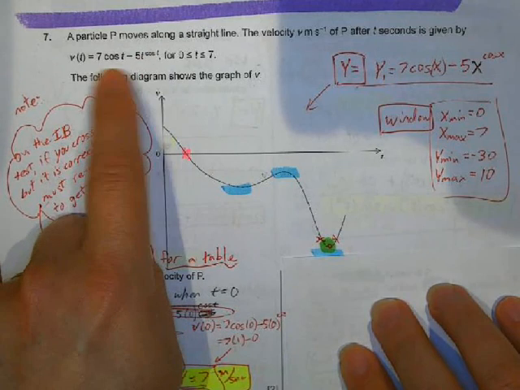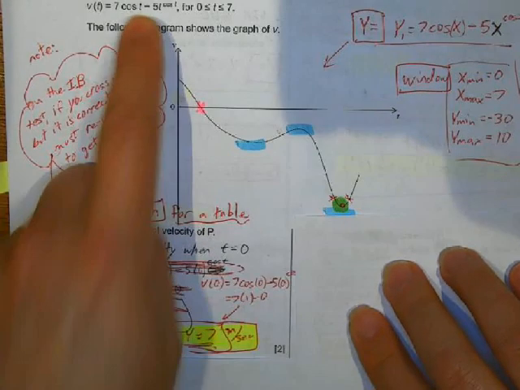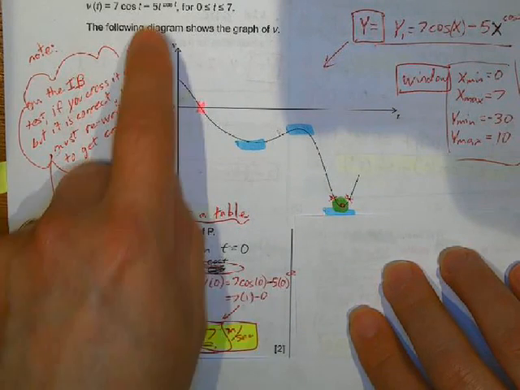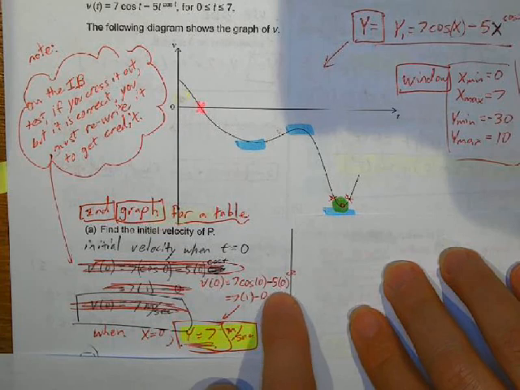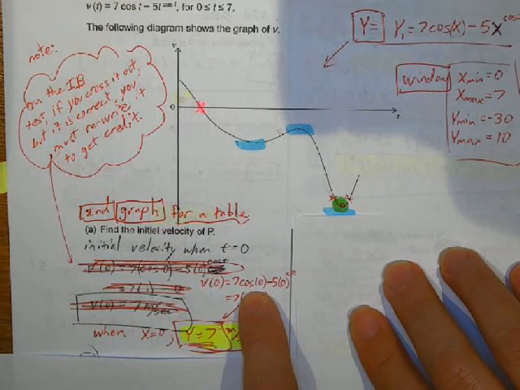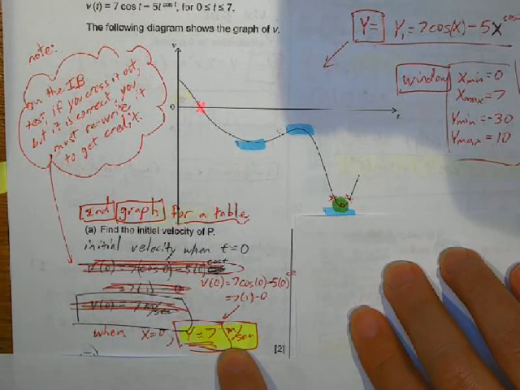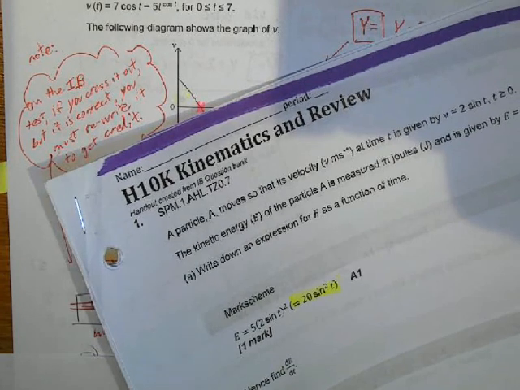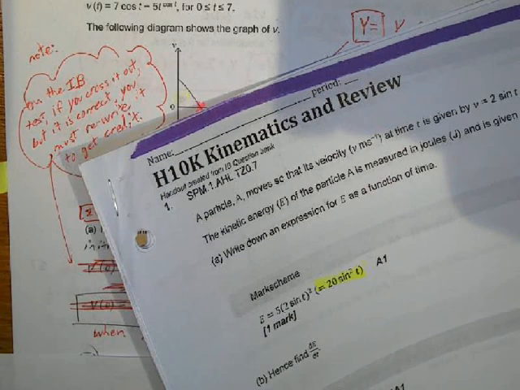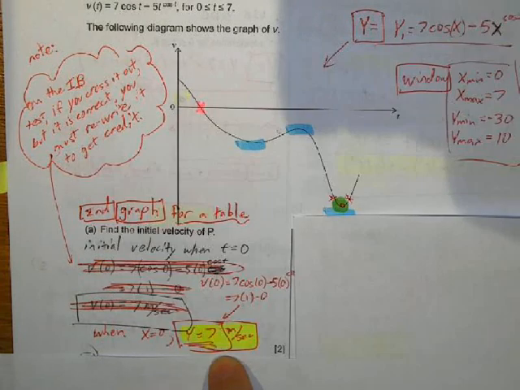So I have 7 times cosine 0 minus 5 times 0 to the power of cosine t. 5 times 0 to any power is going to give me 0. Cosine of 0 is 1. So I have 7 times 1 minus 0, and that's going to give me 7 meters per second. I do not know why I crossed that out, but this is right. The answer key on this said that the answer was 17, which is not correct.